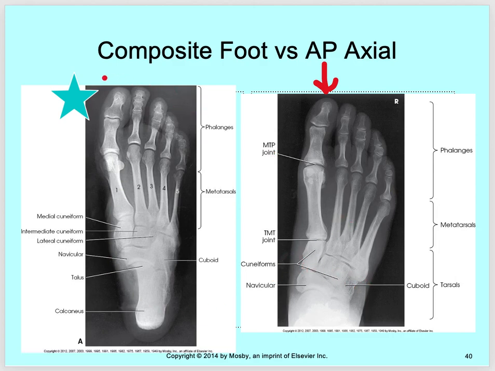But now you've got this composite foot where you're seeing absolutely everything. Your tarsals, metatarsals, your calcaneus. It's a really pretty picture, but it's just not possible with a digital image receptor, because when you make the exposure, the image comes across.